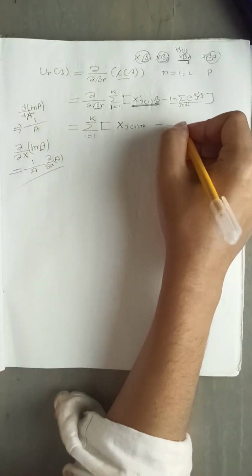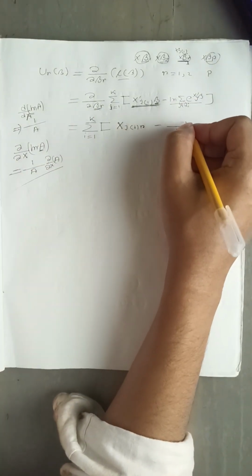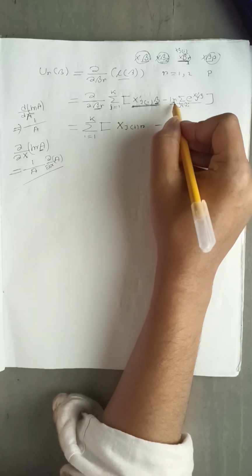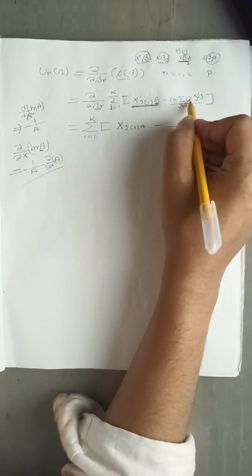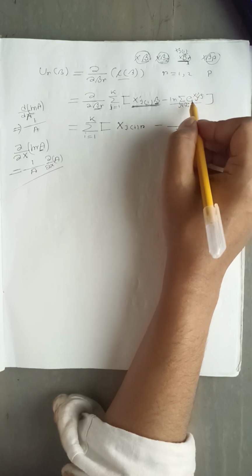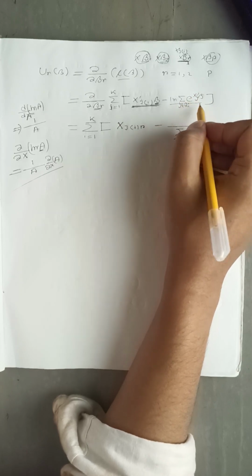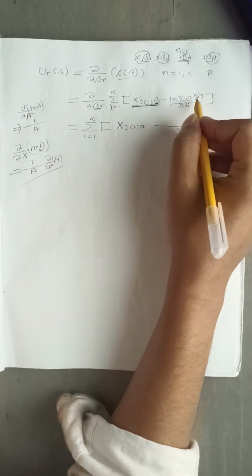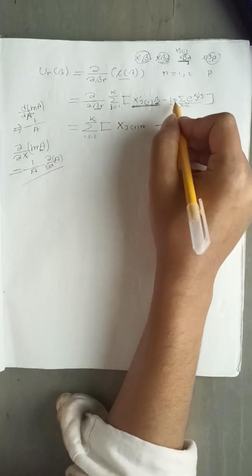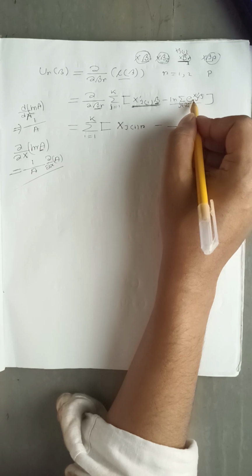So now I will apply the same thing at the numerator. When I just see it as a single thing, it is not a single thing, it's an exponent of something. So I first write this and I have to derive this one again.